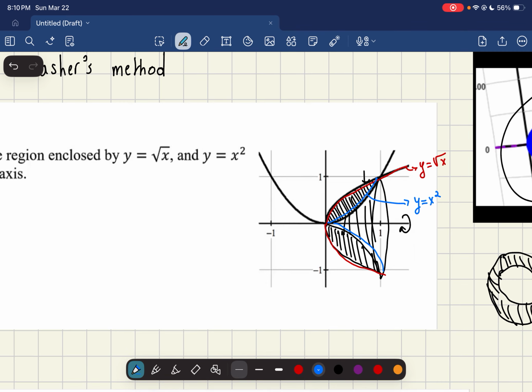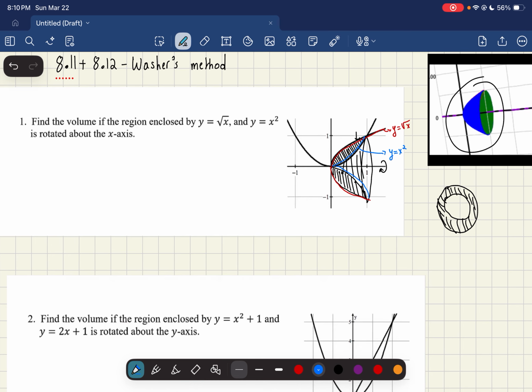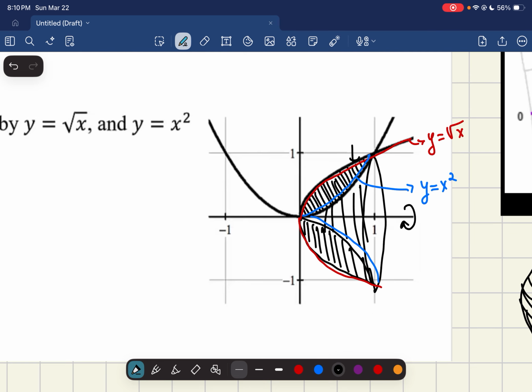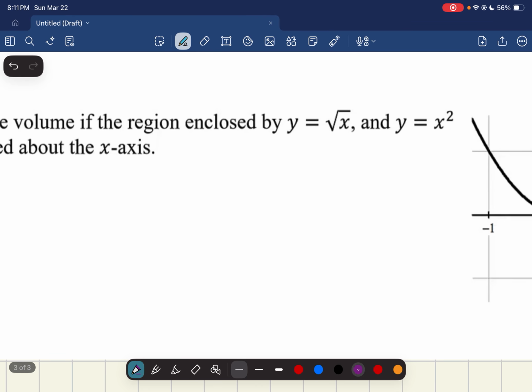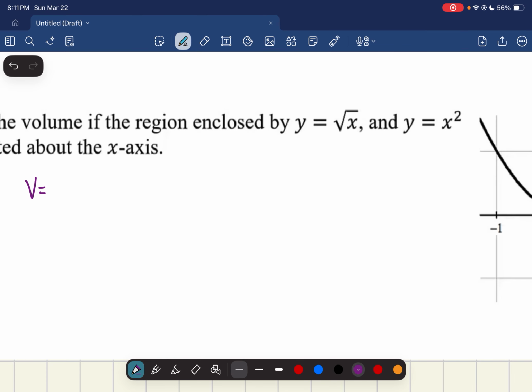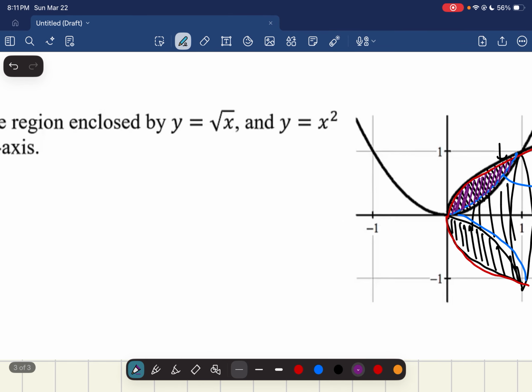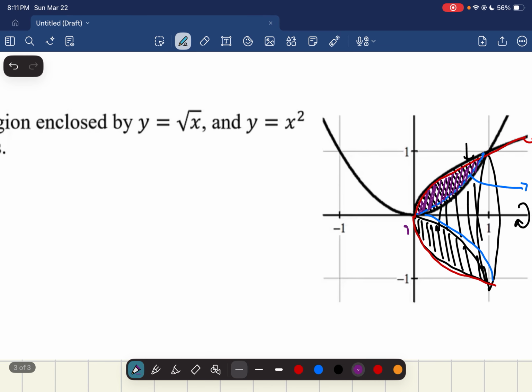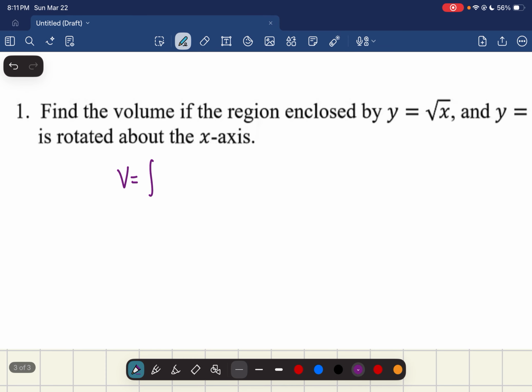This brings us to a very simple formula for the volume of such a solid around the x-axis. Let me highlight it in purple as well. V equals the integral, where the bounds are 0 to 1.